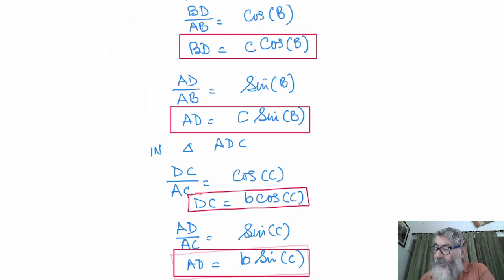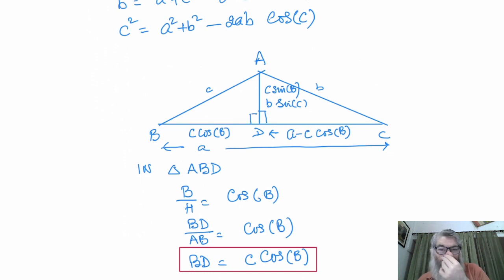You can see that the perpendicular can be written as C sine B or B sine C, because according to the sine law you can interchange the angles and sides.